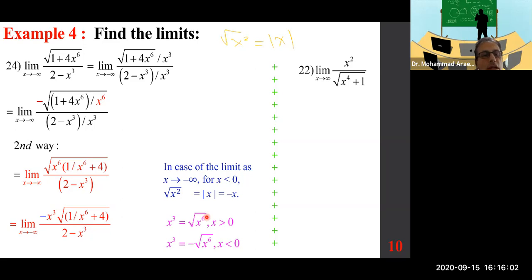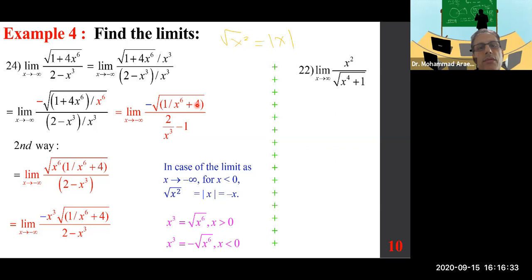And now you can divide the top and the bottom by x cubed. This goes away, you see the answer. So when you divide by x cubed, either from here or from here, both result in this. And now this one goes to 0.